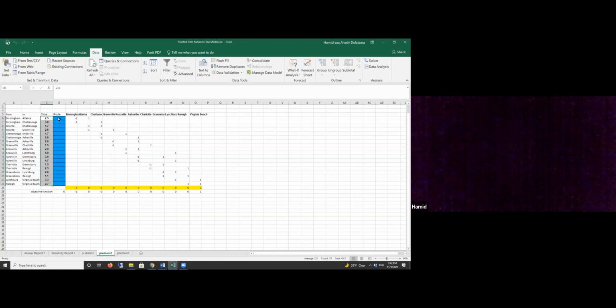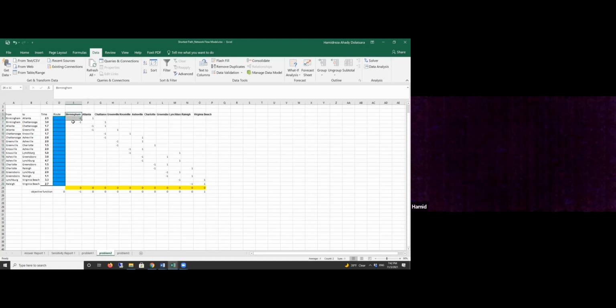Also, we have blue cells. The blue cells just mean they are either 0 or 1, if you select the link or not. For each city, for example Birmingham, or BHAM, you just have negative ones, because if you are in Birmingham, you should go out.